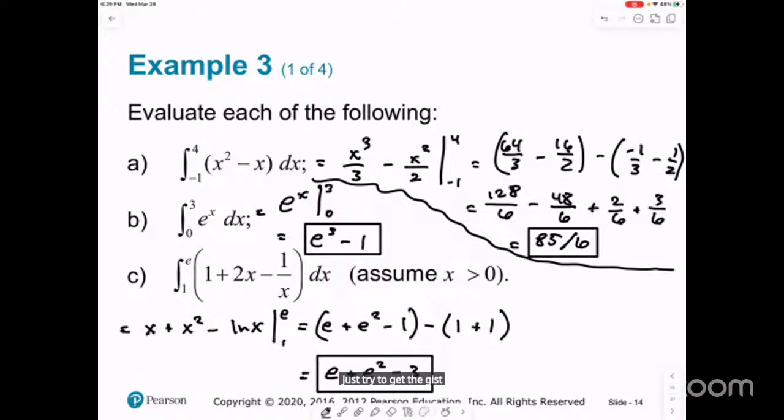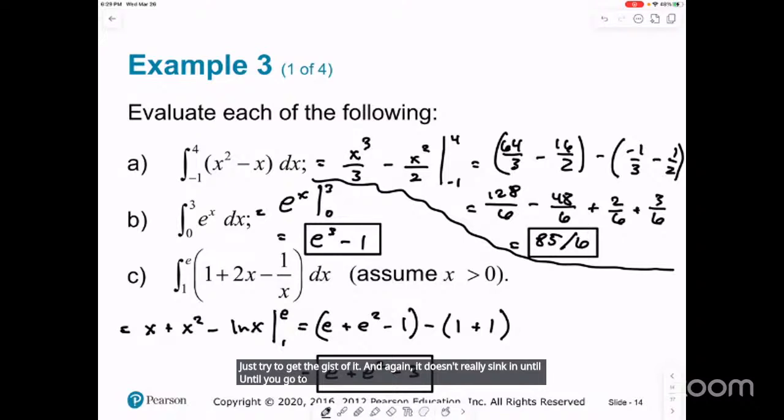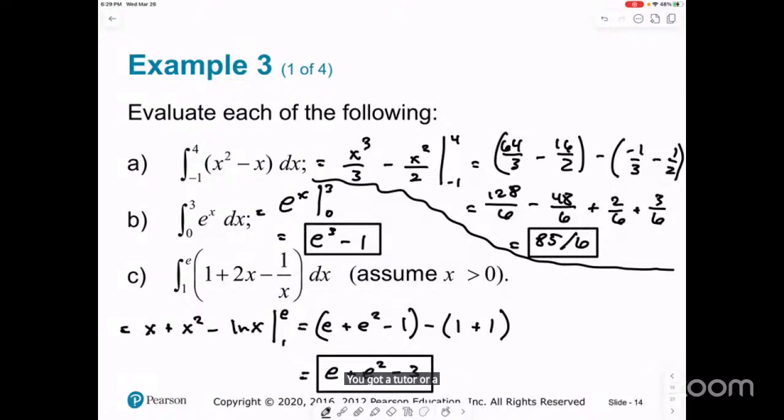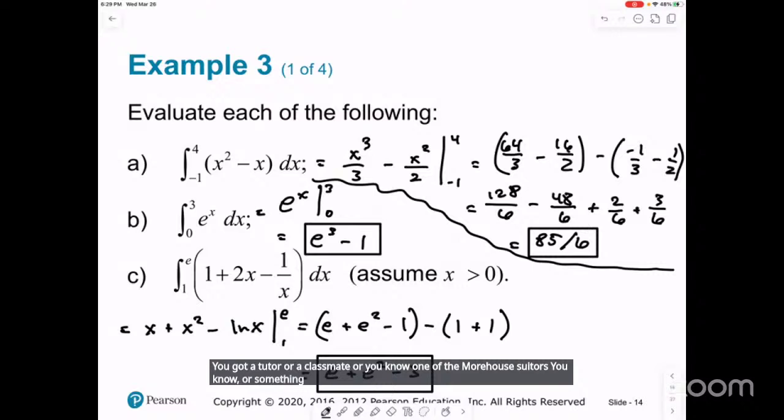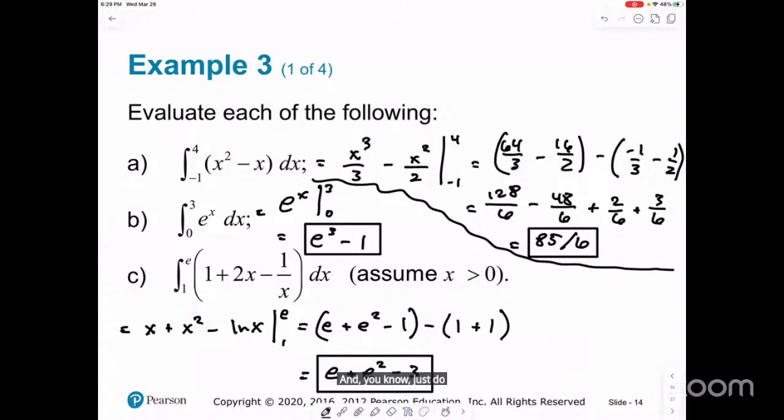And again, it doesn't really sink in until you practice it on your own. I would imagine by now that hopefully you guys have some kind of system where you're collaborating. You've got a tutor or a classmate, or one of the Morehouse tutors, or something. I'm just hoping that you guys have something like that. Just do your best and get everything submitted, and you should be okay. All right, let's keep going.